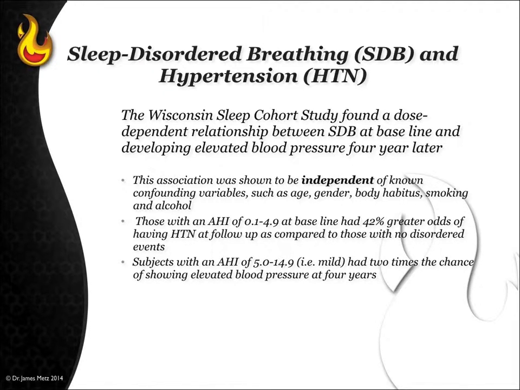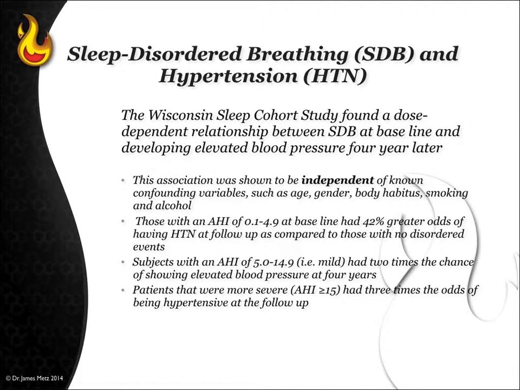And if you had between 5 and 14.9, which is mild, you had 2 times the chances of showing elevated blood pressure at 4 years. And if you had severe sleep apnea, the odds were 3 times. So the relationship with heart and apnea-hypopnea index is very real.